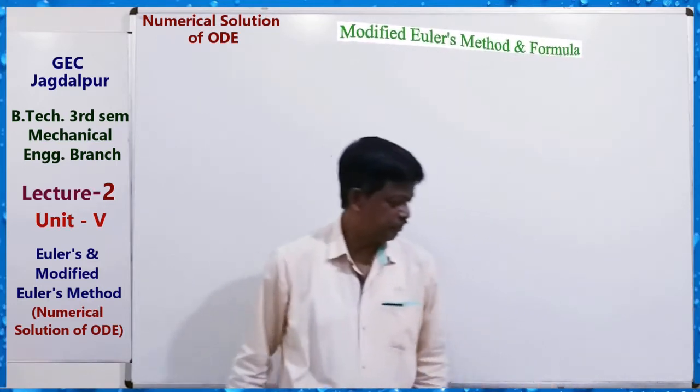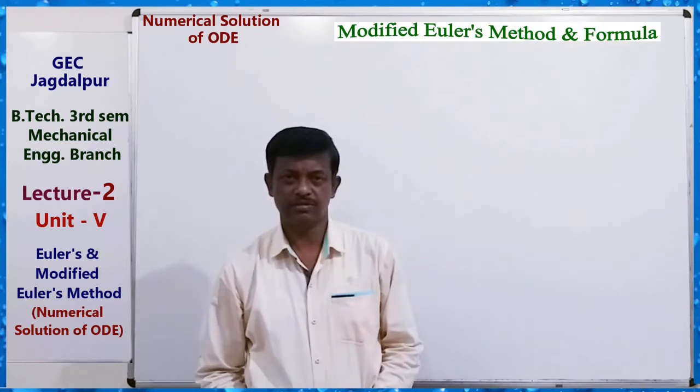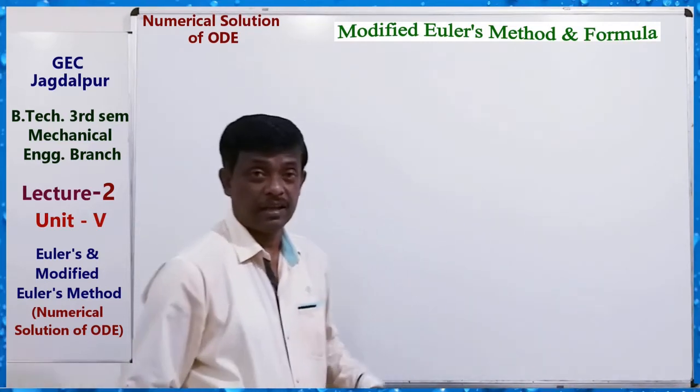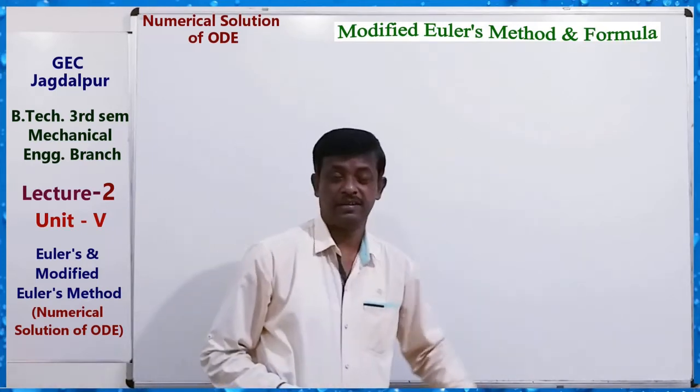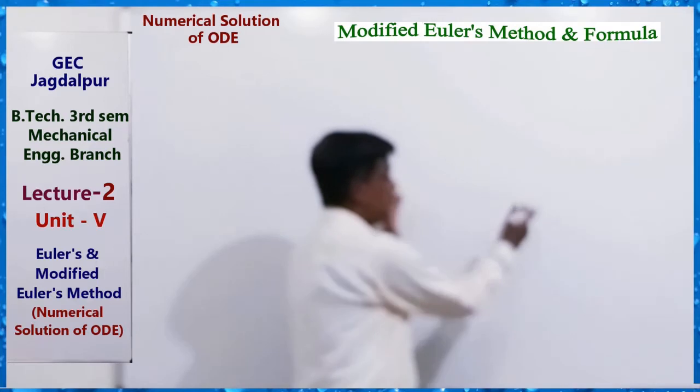Then the next method is the modified Euler's method. We have just discussed Euler's method. In Euler's method, we are dividing the interval.